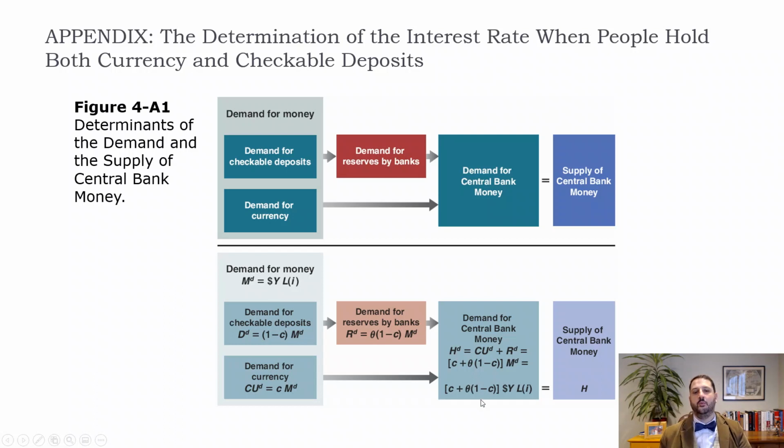So putting it all together, it seems complicated, but it's just some algebra. C plus theta times 1 minus C times our total money demand, nominal GDP times the liquidity function, has to be equal to the supply of central bank money.